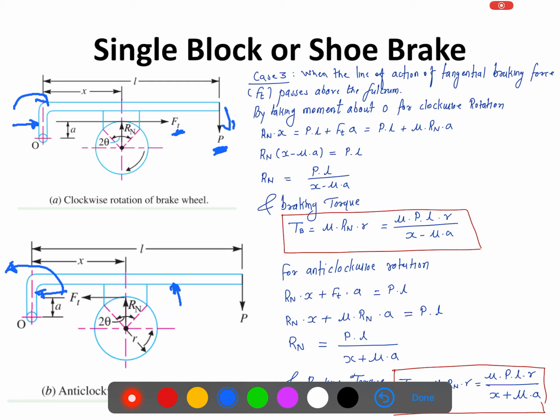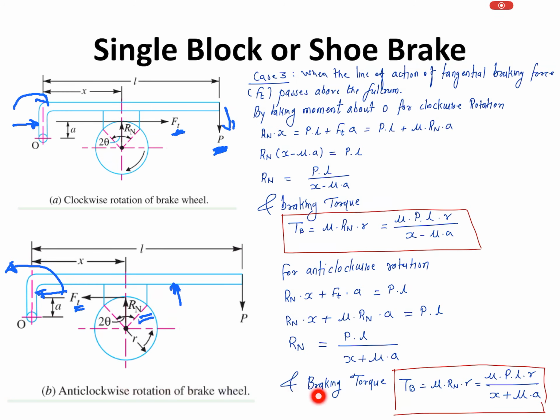That's why we can say the moment because of Ft is adding to the moment because of Rn, and that's why Rn into x plus Ft into a is equal to PL, taking equilibrium for this particular system. Then Rn into x plus mu into Rn into a is equal to PL. Rn is equal to PL divided by (x plus mu a), and braking torque Tb is equal to mu into Rn into R, which is equal to mu into P into L into R divided by (x plus mu a).